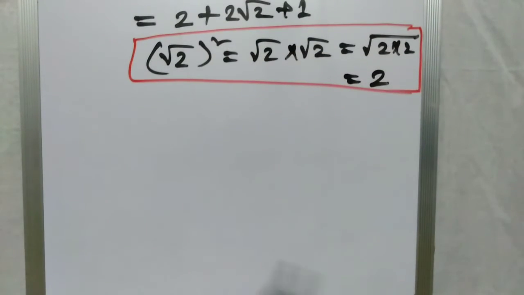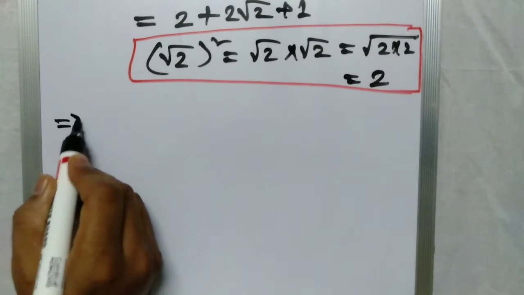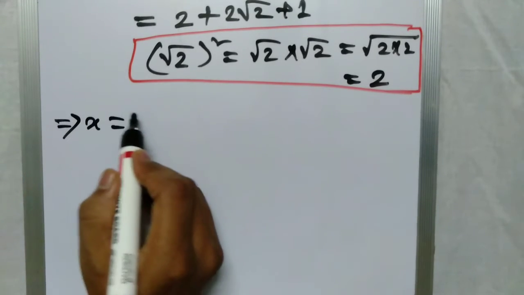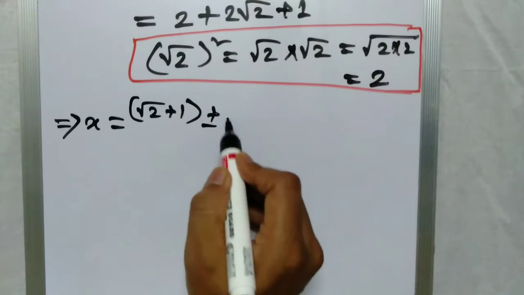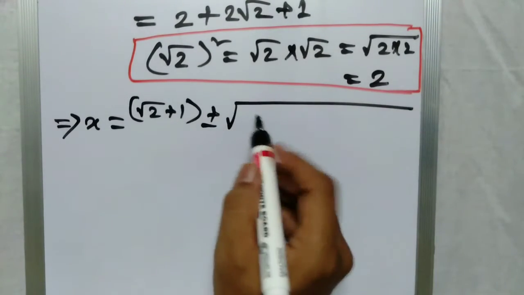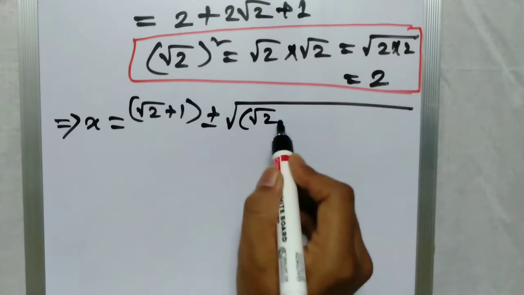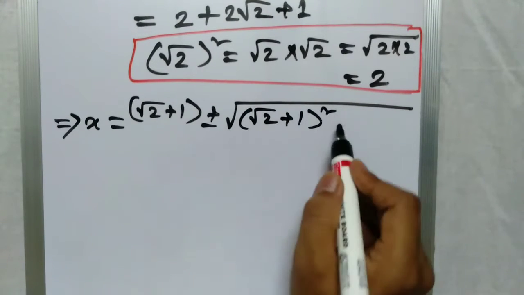Therefore, x is equal to root 2 plus 1 plus minus square root of (root 2 plus 1) whole square.